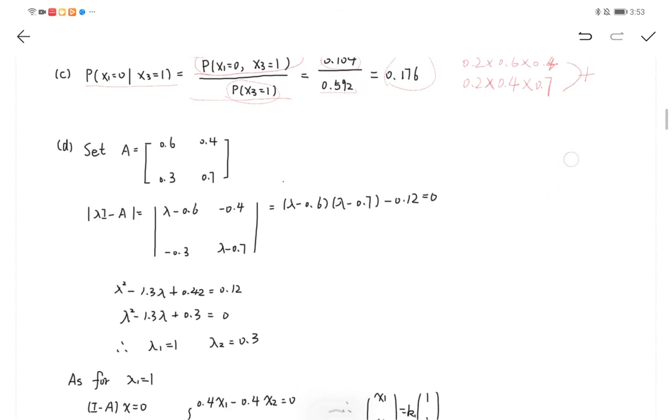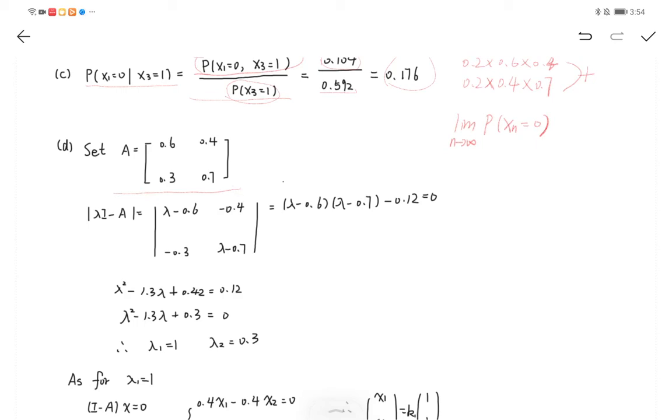And then question 4. We should count this. We can make a matrix like this.